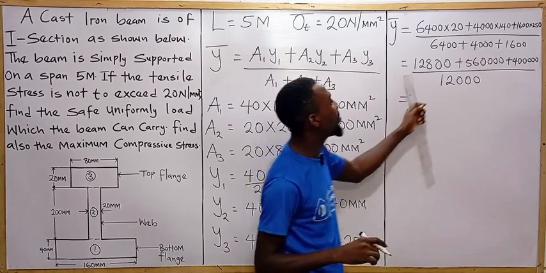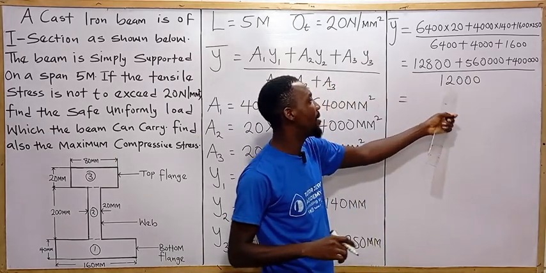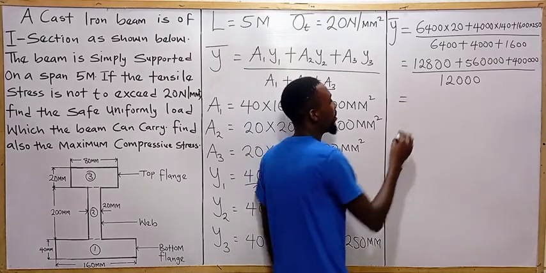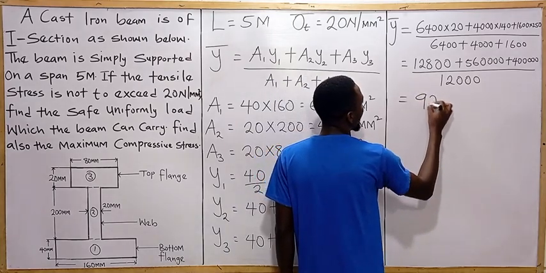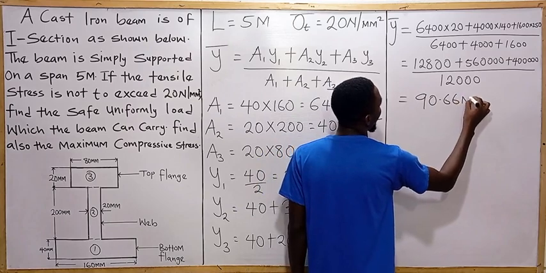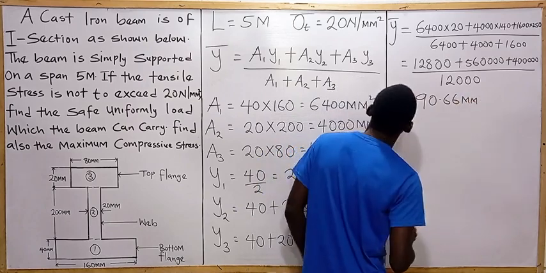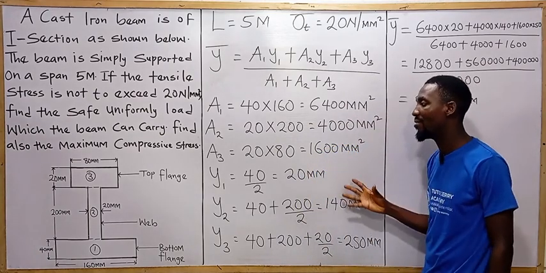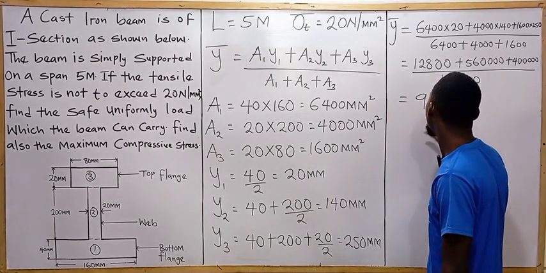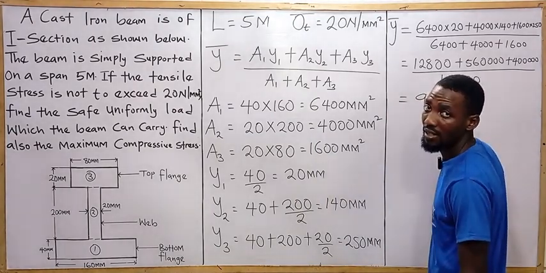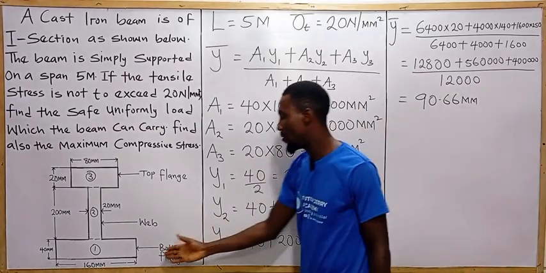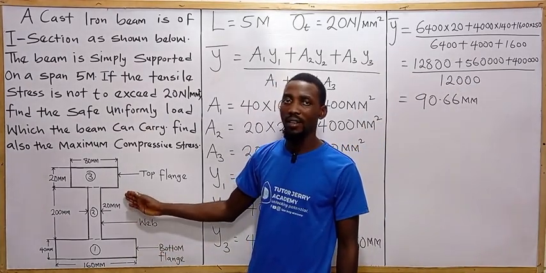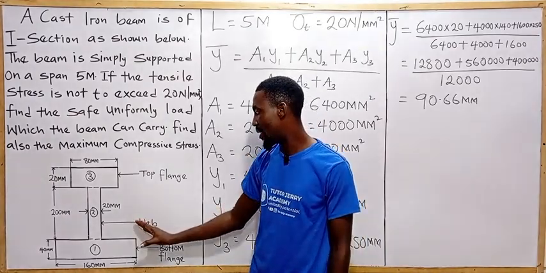So now, if you sum everything here, then you divide by 12,000, you are going to have this to be 90.66 mm. So it shows that our center of gravity is 90.666 mm from the bottom face. I hope you understand that.